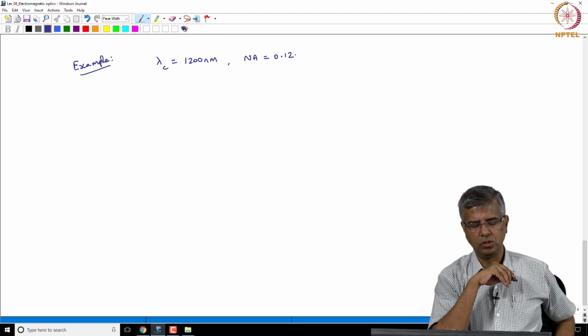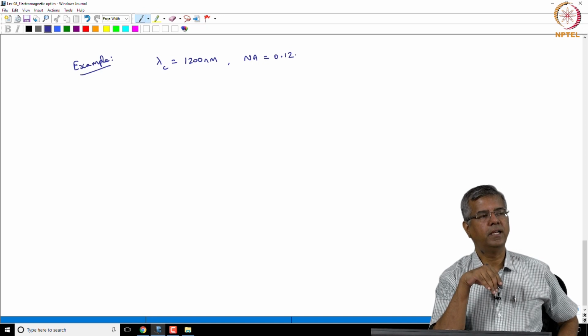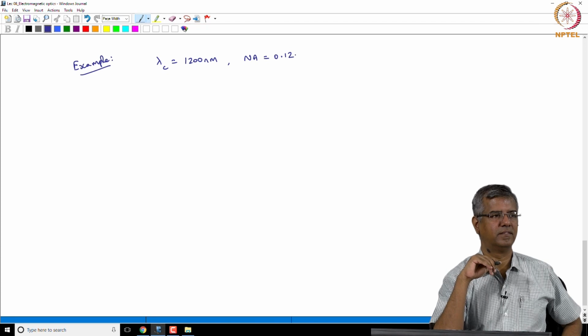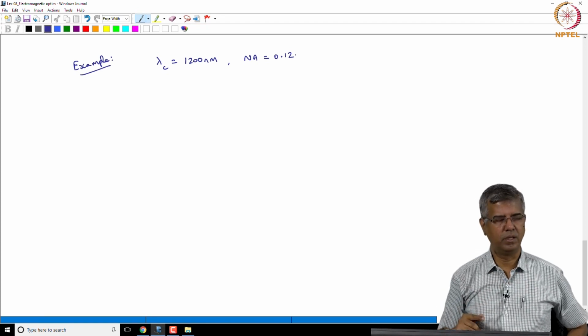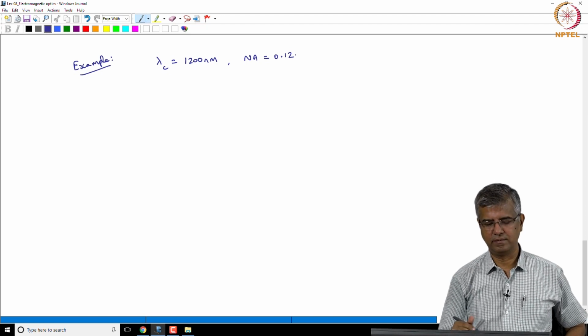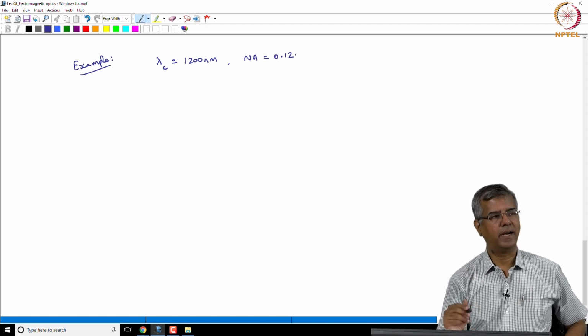Okay. So, can you find the diameter of your waveguide if you are given this information? How do you proceed with that? So, at the cutoff wavelength, what is the V number?